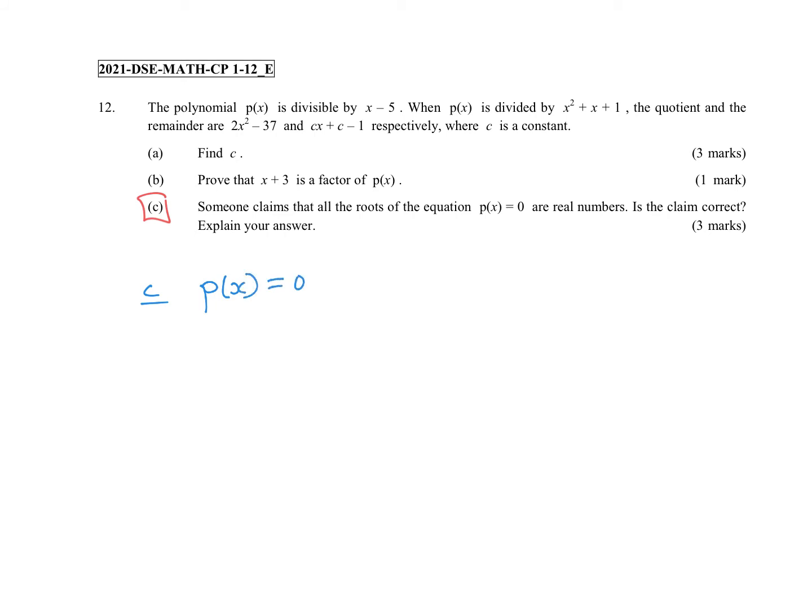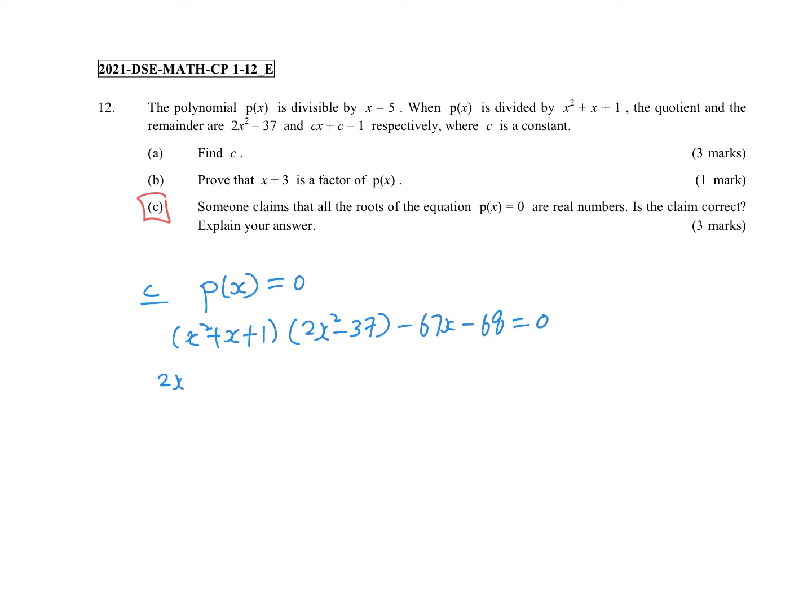From part A, that would be x squared plus x plus 1 times 2x squared minus 37, minus 67x, and then minus 68 equals 0. And then here we try to expand it. The expansion is quite tedious for the first term, so here we try to expand it out.